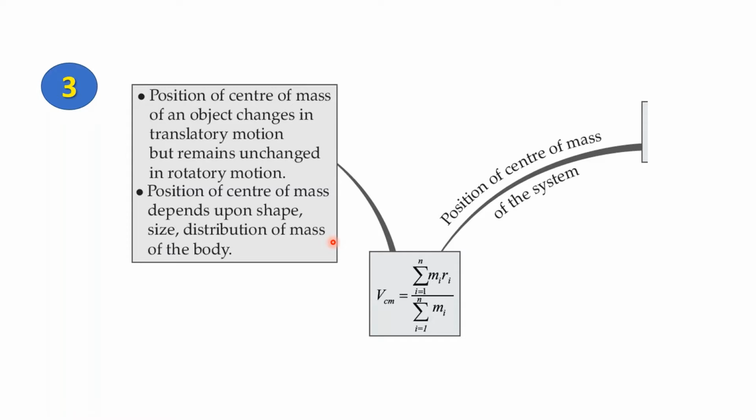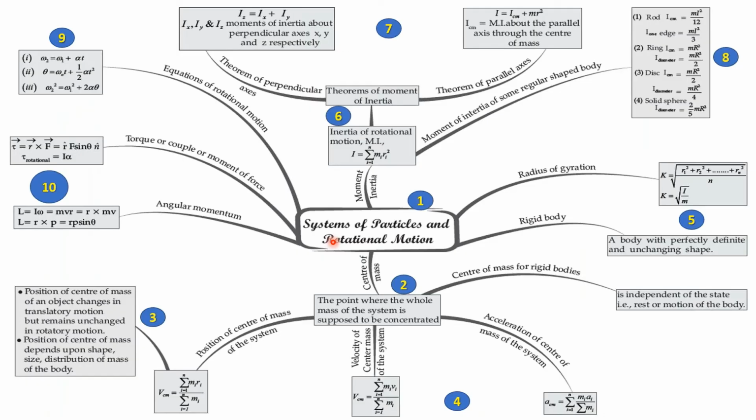So after this, we'll move on to acceleration and velocity of center of mass. So from here, we will jump over to 4, which deals with velocity of center of mass of the system and acceleration of center of mass of the system.